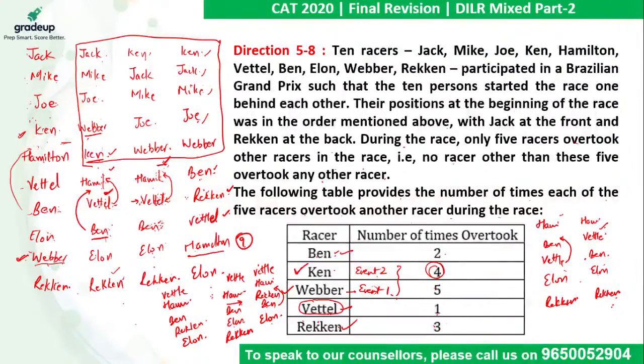So again, Raikkonen will overtake Ben and will again give me this particular position, right? And then again, Ben will overtake Raikkonen. So the 2 times overtaking of Ben is taken care of, and the 3 times overtaking of Raikkonen is taken care of. And in this case, Hamilton can end at 7th position. So this was the case required to study.